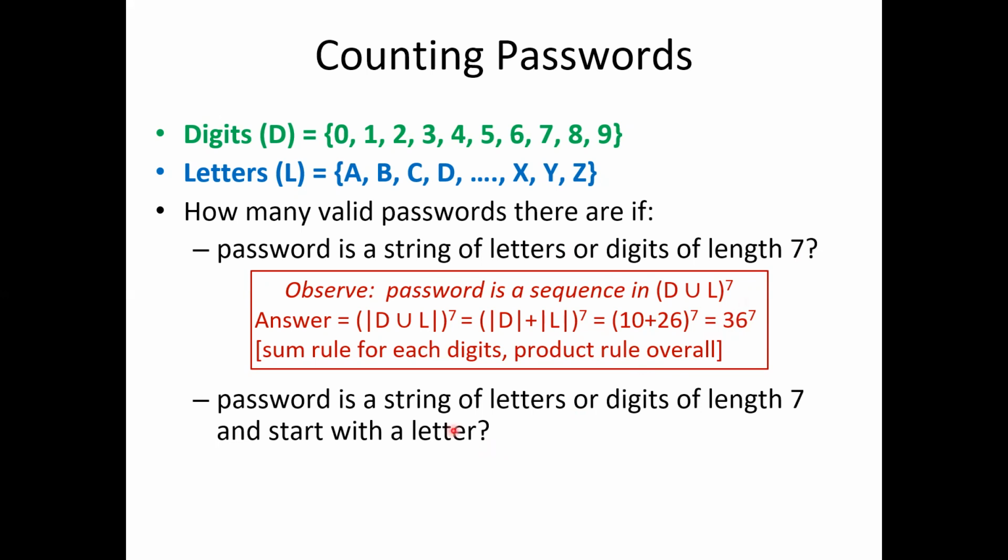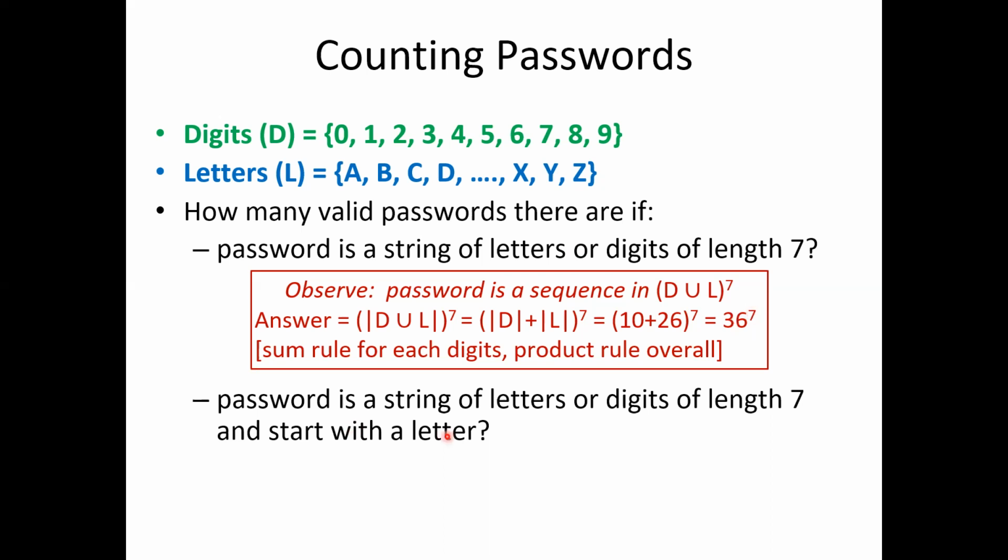What if you said that it can be a string of letters or digits, but it has to start with a letter? So what is the choice process now? The start character is treated separately, and for the remaining 6, they are arbitrary. So it's going to be like this, but just with length 6.